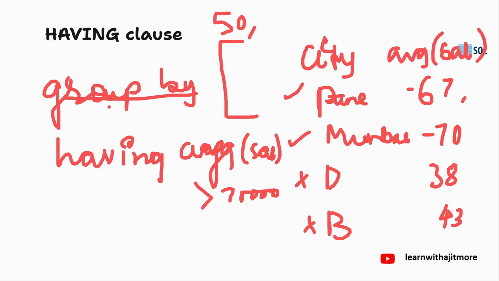But the problem is your whole table will be treated as one group, and only one output is there of that one group, and the condition will be applied on that one output. Understanding? Clear? So that is the rule.